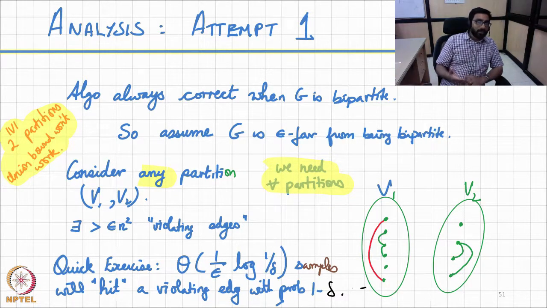So the probability of failing is at most delta, but then if you multiply 2 raised to the cardinality of V times delta and still want that to be a small constant, then delta must be extremely small. And if you think about it, if delta has to be like 1 over 2 raised to the cardinality of V, then log of 1 over delta is going to be log of 2 raised to the cardinality of V, and that's going to be a linear number of samples, linear in the number of vertices.